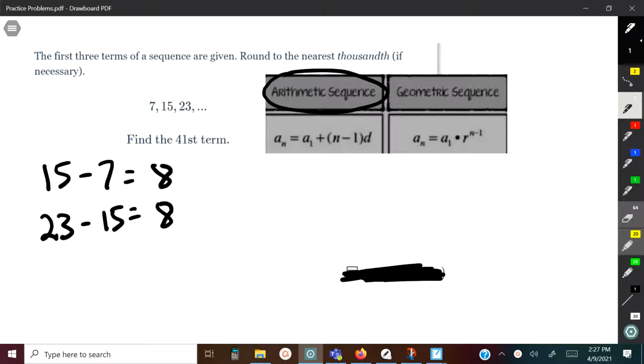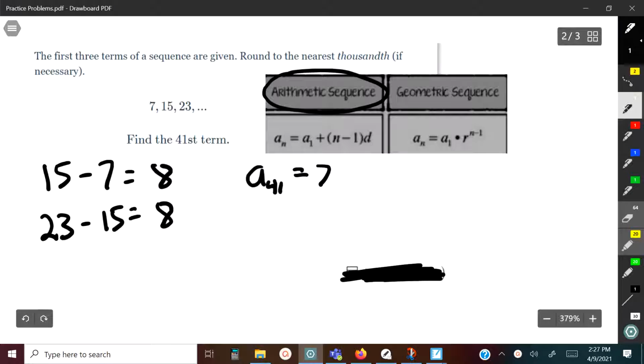So now I'm going to fill in this formula here, everything I need. a sub n, and the n is the number of the term you're looking for. So it's a sub 41, and then a sub 1 is the first term, which is 7, plus 41, which is that nth term, minus 1. Oh, and they've got the d at the back here. I know I showed it to you with the d in the front, but go ahead and put the d in the back.